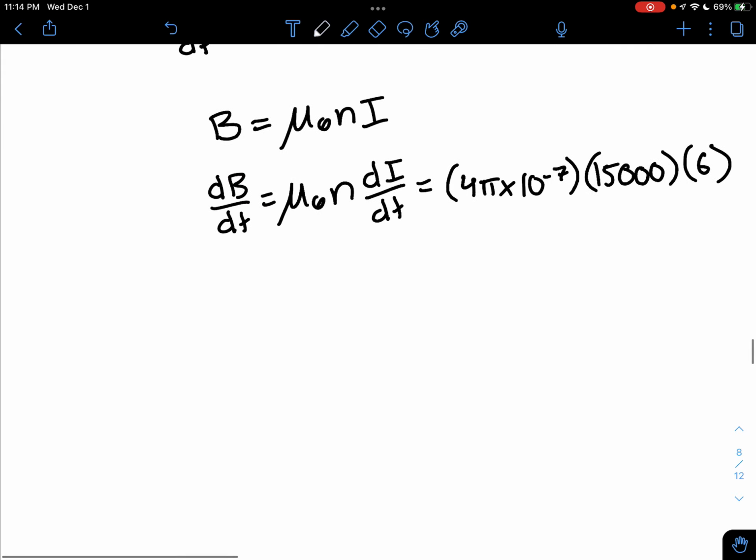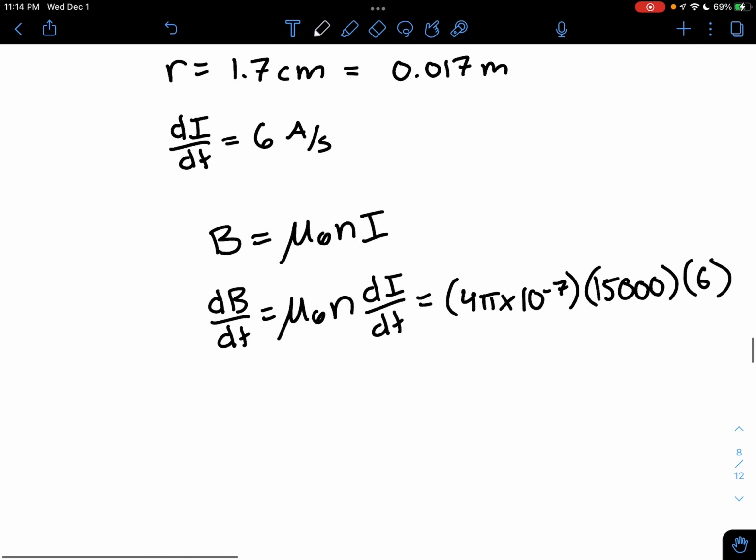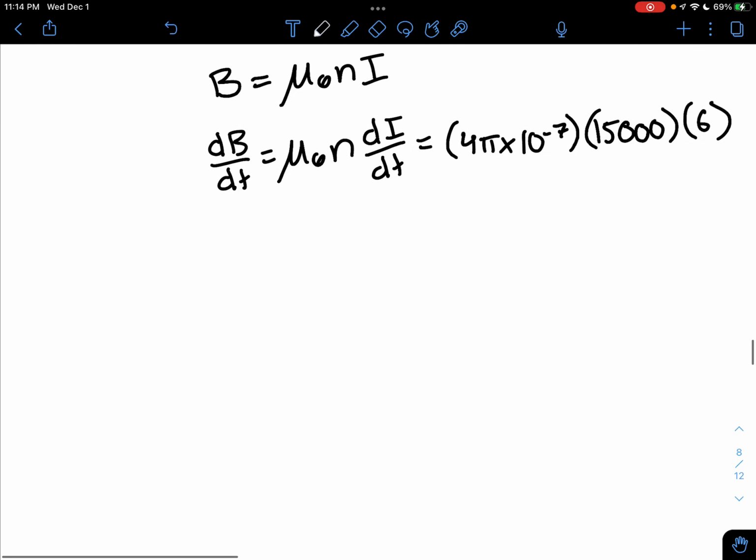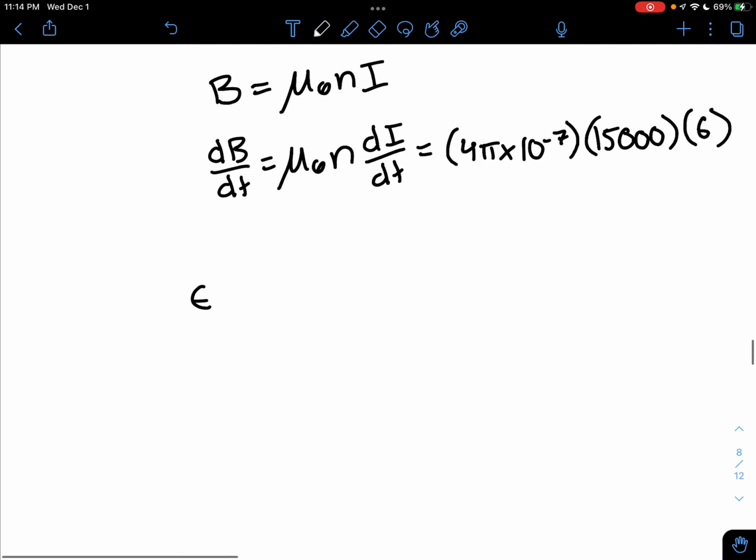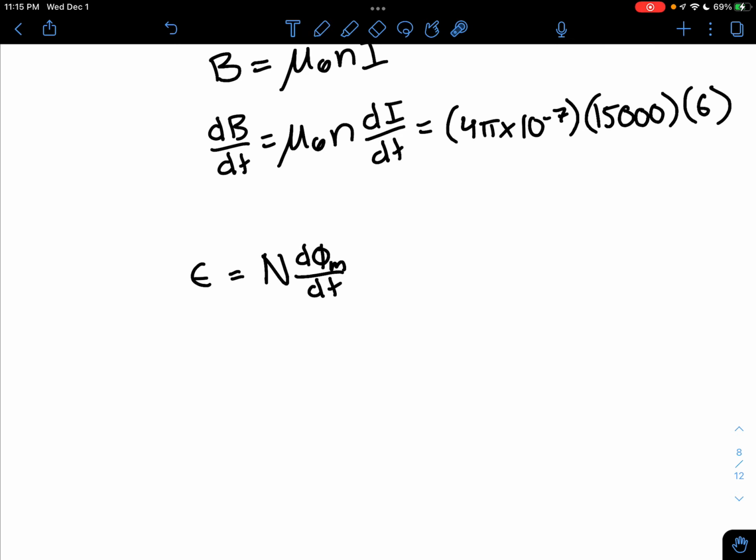Right? So we're trying to find the EMF induced per unit length. Our EMF induced for a solenoid is our capital N times d flux dt. It's our magnetic flux differentiated with respect to time times the number of loops in the section we're talking about.